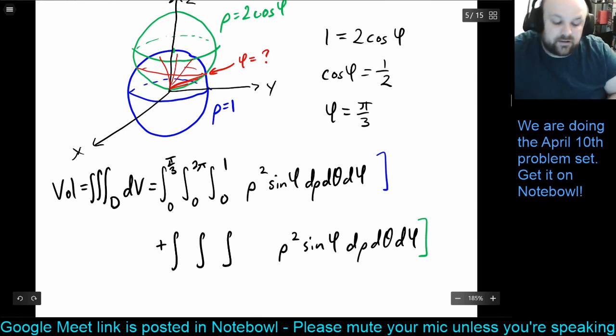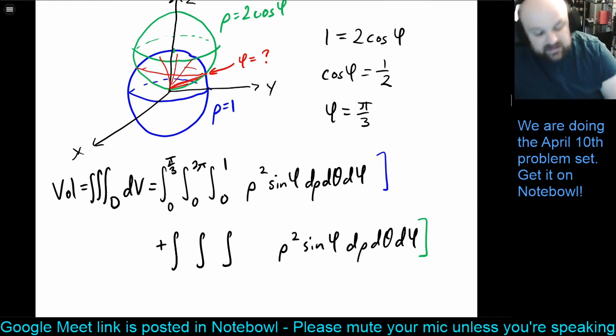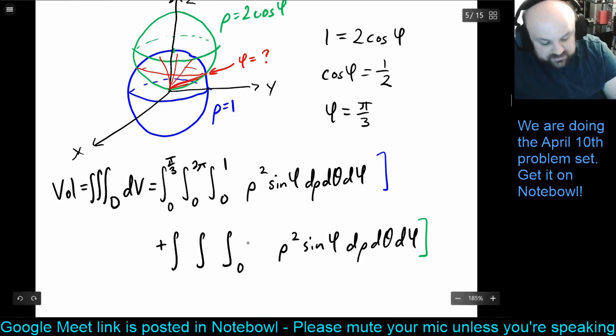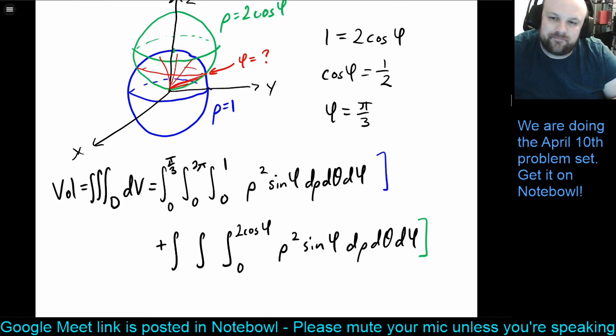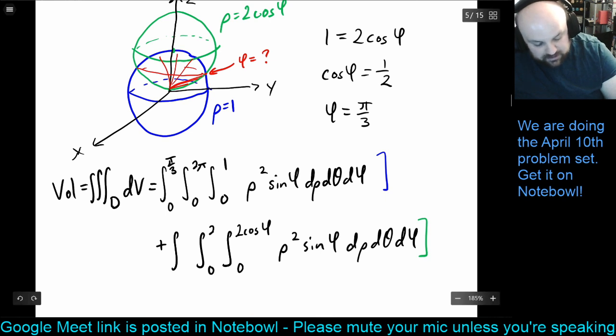When we're ending on the green sphere, again, we're starting at the origin and moving out to that sphere. So it goes from 0 to 2 cosine of phi. All good. Theta, just like last time, goes from 0 to 2 pi because we have the full shape.